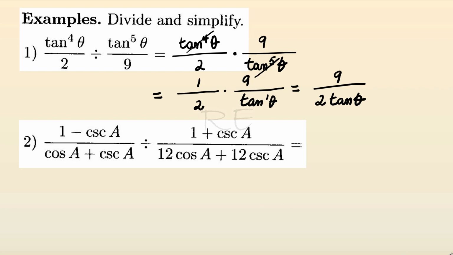Number 2, 1 minus cosecant A over cosine A plus cosecant A will be multiplied. Division is multiplication by the reciprocal.